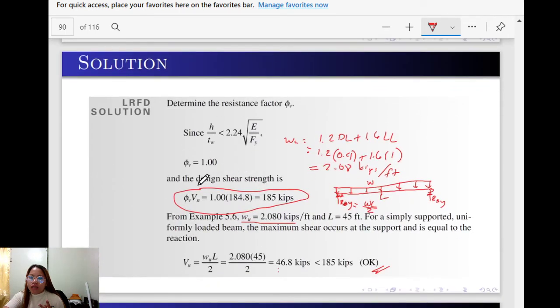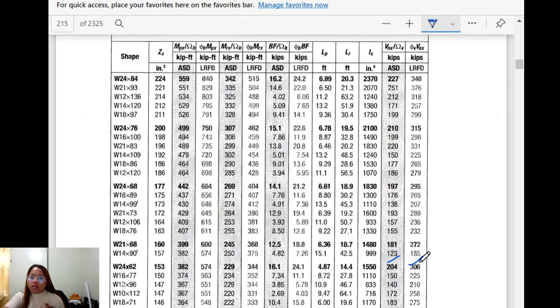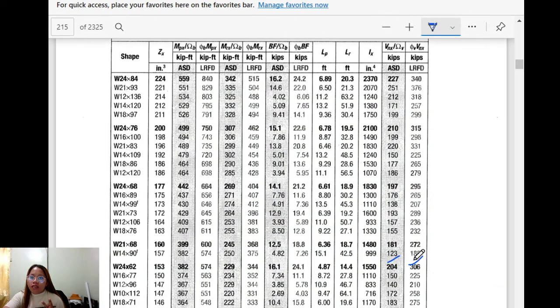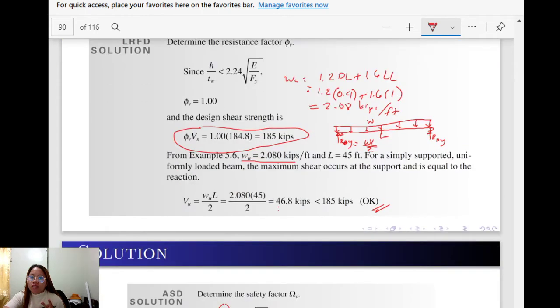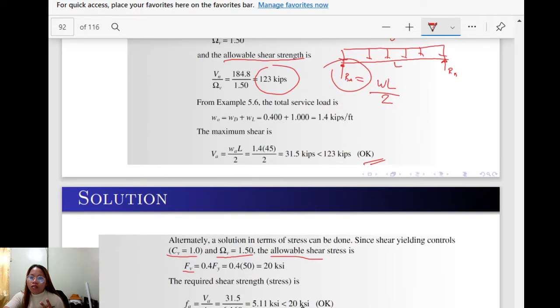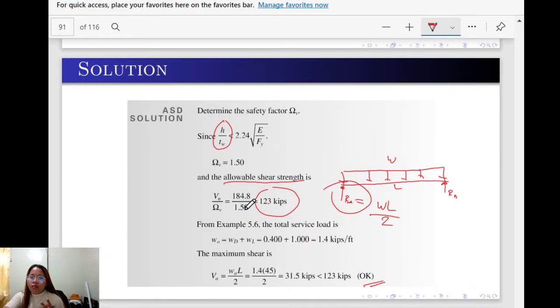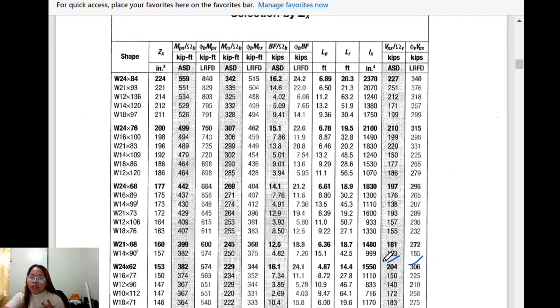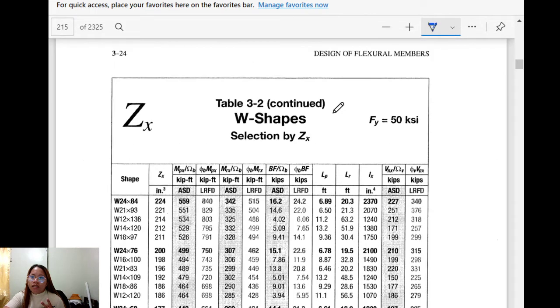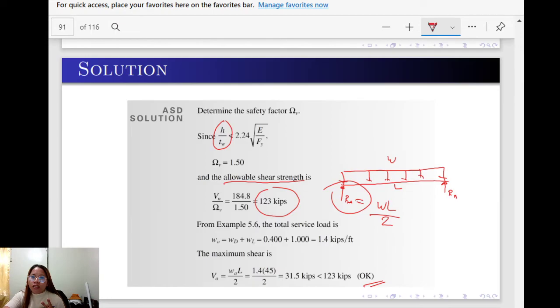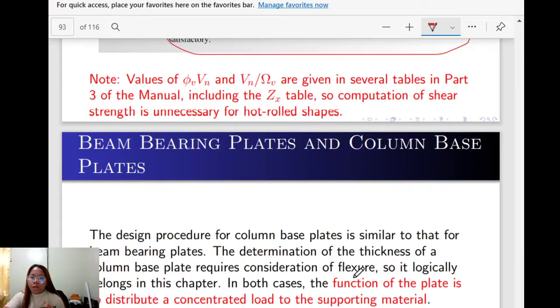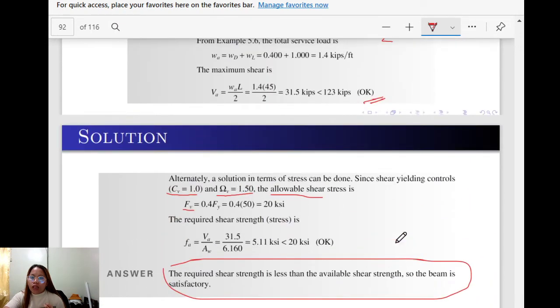Yes, this one, the design shear strength is equal to 185 kilopounds, which is the same as the value in the table. And for the ASD solution, 123, which is also 123 in the table. This is Table 3-2.